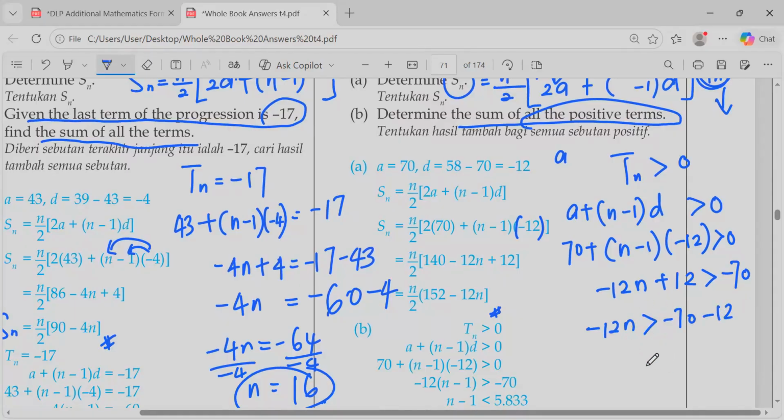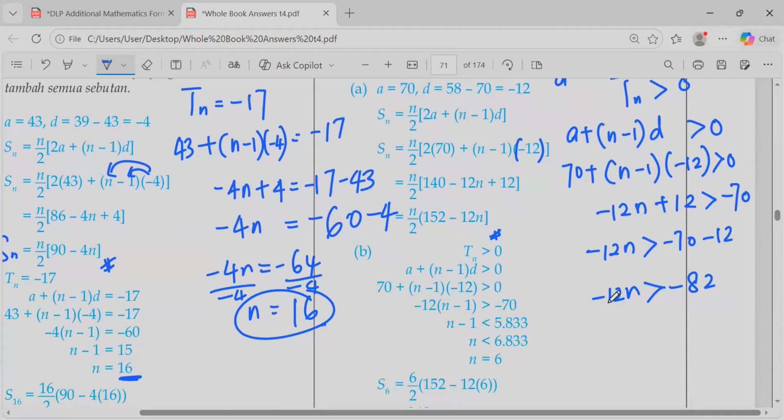Using the calculator, I get 82. Then you have to divide by negative. When divided by a negative, the inequality sign will change. If divided by a positive, it won't change the inequality. So it will change.